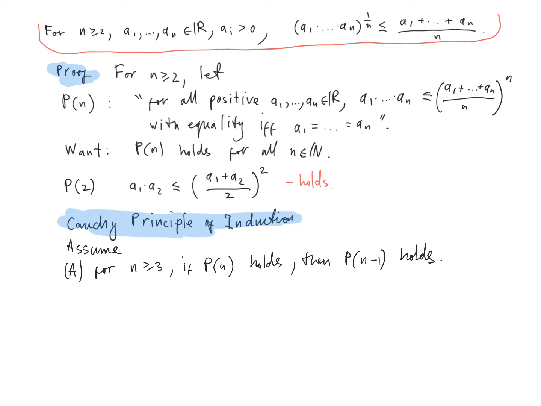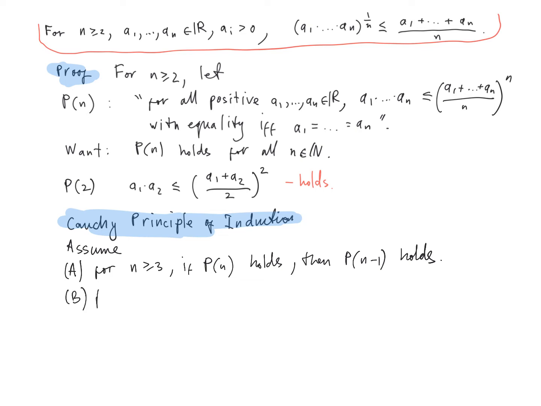Okay, so note that in this case we are going from a bigger number n to a smaller number n minus 1. And this makes sense because n is guaranteed to be greater or equal than 3. So n minus 1 is at least 2. This is the A part.